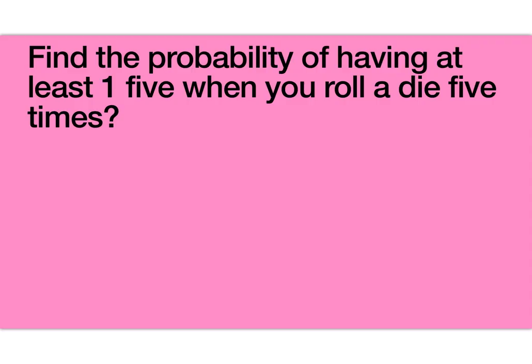Okay, Professor, I have a question for you. So now, find the probability of having at least 1 5 when you roll a dice 5 times. This is different. So now if we're talking about at least 1 time, that means I need to find the probability that if I roll a dice 5 times, I have at least 1 5.